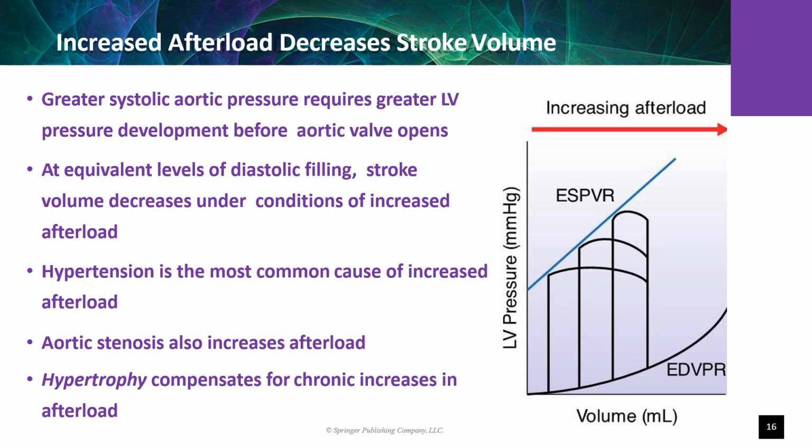Afterload increases as arterial pressure increases. The ventricle must work harder to overcome high diastolic pressure to open the aortic valve, and must continue to have a stronger contraction to eject the volume against the rapidly rising systolic pressure.